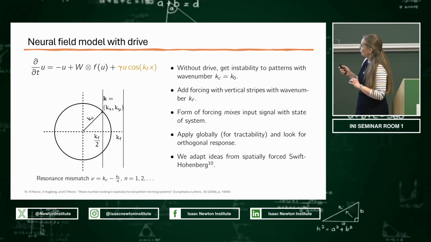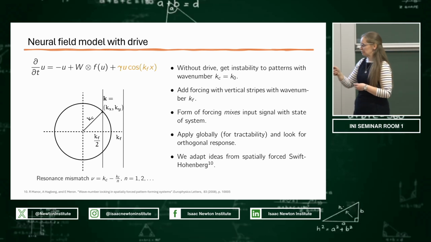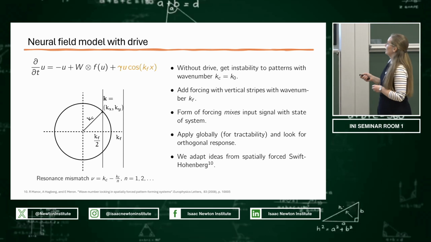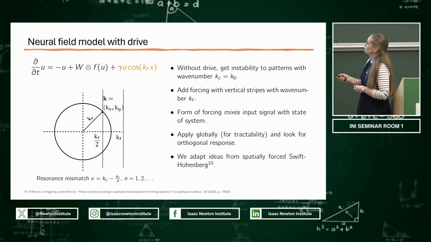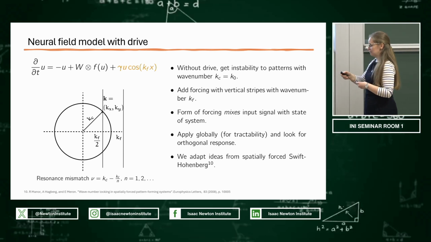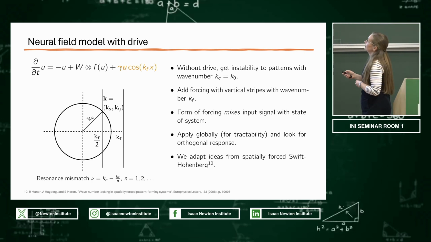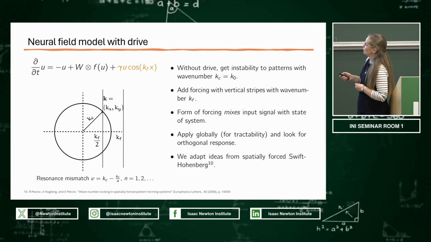Okay, so because we're adding this forcing term, it brings into question the idea of resonance between the forcing wave number and the x component of the wave vector of the pattern that the system naturally wants to form. If we were thinking about a 2-to-1 resonance, this would be the setup.